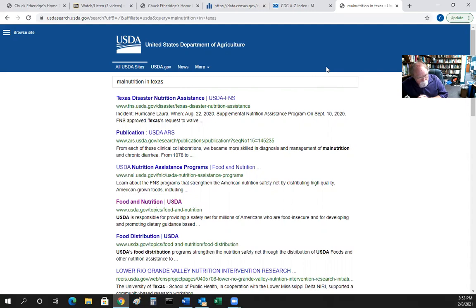So what have we looked at? We've talked about demonstrating need. We've looked at some government databases. We've looked at the census. We've looked at the Center for Disease Control, and we looked at the United States Department of Agriculture. All of these are respected standard sources that look at issues like public health.